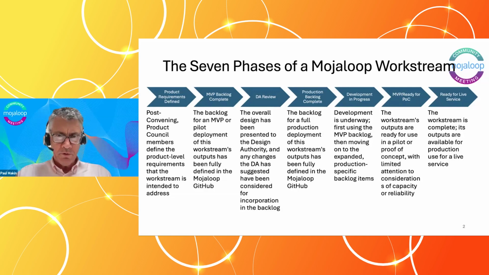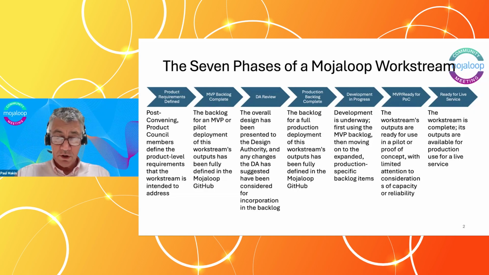And the first thing that we do from there is develop a backlog for an MVP or a pilot deployment. So not the full development backlog, but the bits that you need to do in order to get started and to get a proof of concept out there. And it has to be put in the Mojaloop GitHub. It can be in its own repo, but within the Mojaloop GitHub.